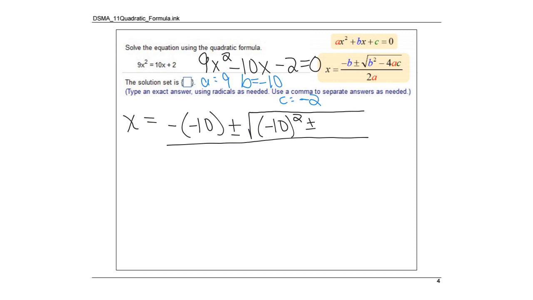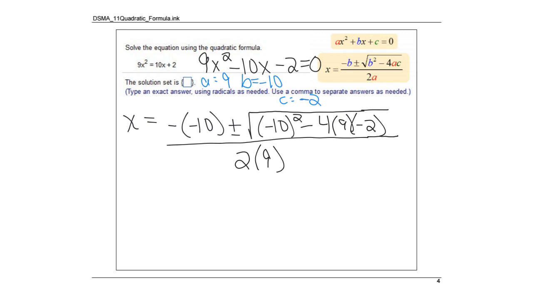Whoops, I did not mean to do that. Let me fix that. It's supposed to be minus -4 times 9 times -2. Oof, this is going to get big. And then on the bottom, we have 2 times a, which is 9.